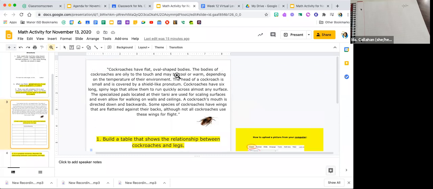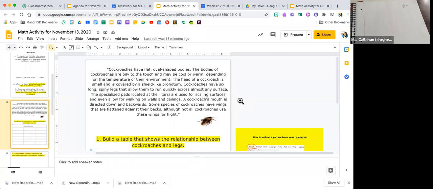It says cockroaches. Cockroaches have flat oval-shaped bodies. The bodies of cockroaches are oily to the touch and may be cool or warm depending on the temperature of their environment. The head of a cockroach is small and is covered by a shield-like pronotum. Cockroaches have 6 long, spiny legs that allow them to run quickly across almost any surface.